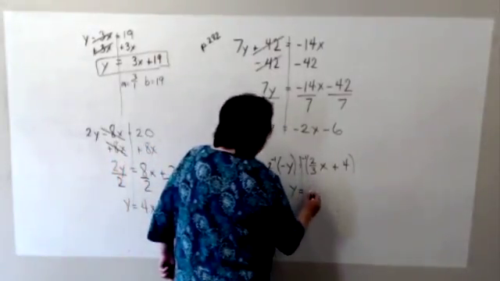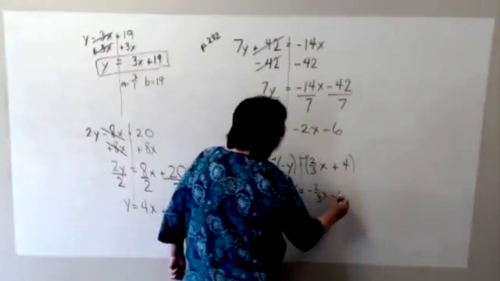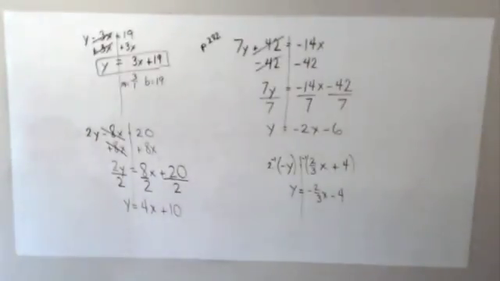This was a positive 2/3, so it becomes a negative 2/3. This is a positive 4, so it becomes a negative 4. And then we find the m and the b from slope-intercept form, and we graph it. And so we just graph that right there.